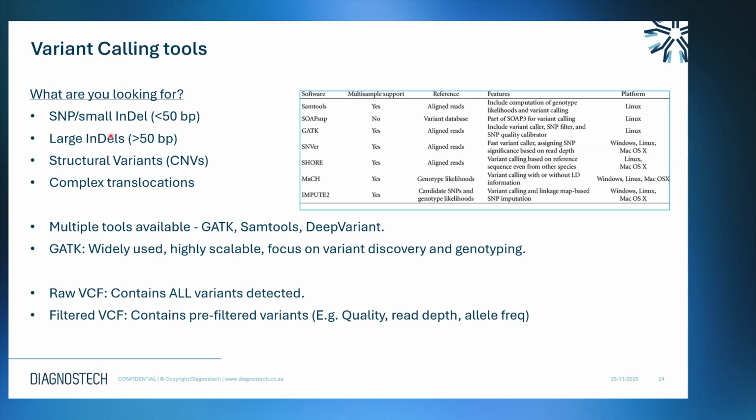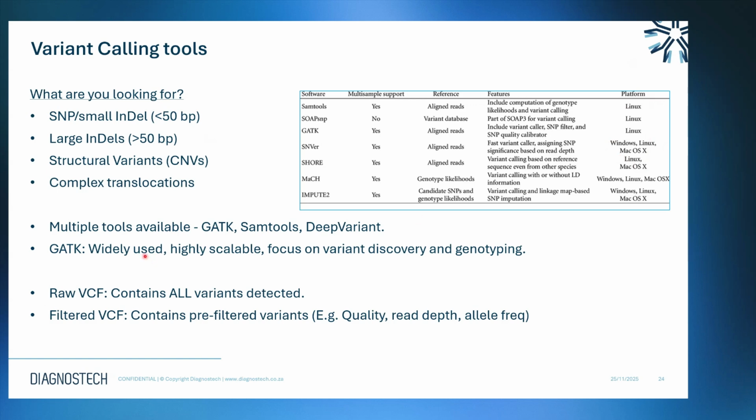Are we dealing with large indels greater than 50, structural variants such as CNVs, or other complex translocations? On the right, I've shown some examples of commonly used tools, as well as what platform they run on, which is another important point to consider. If you want to run Samtools, you obviously need to run it on a Linux platform. Some of them have compatibility with multiple platforms, but it's something to be aware of.